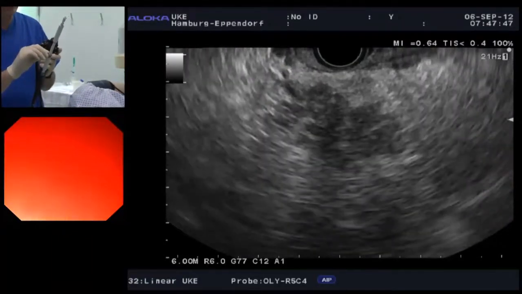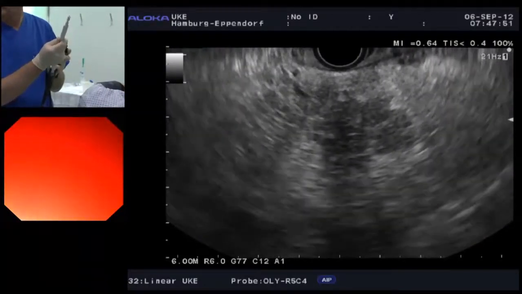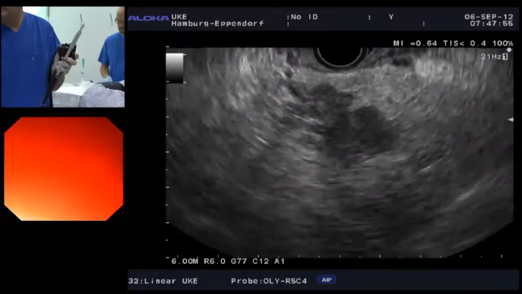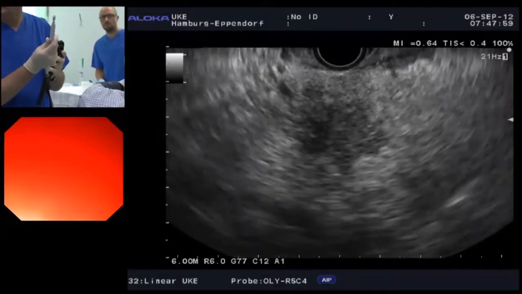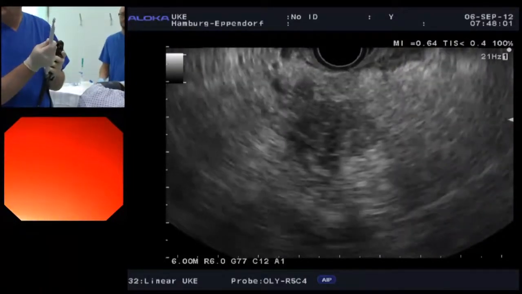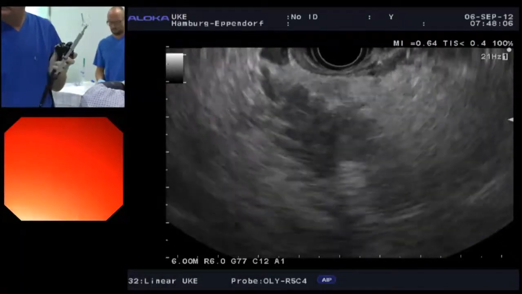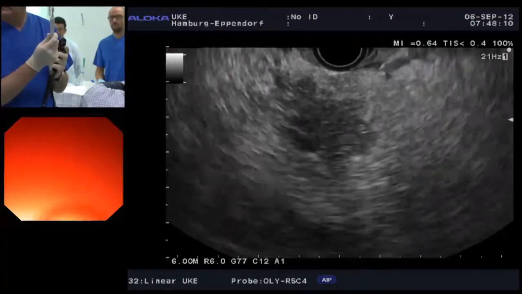I would like to make a comment that in this, if you see the lesion, you can see that the lesion has white and darker spots. Normally, adenocarcinomas are like this. In our experience, we have a cytopathologist in the room, and we have been aiming at the white spots and the black spots. Definitely, when you go directly into the black spots, you get less blood and you get more cells. If you go into the white spots, then you get more blood and fewer cells.